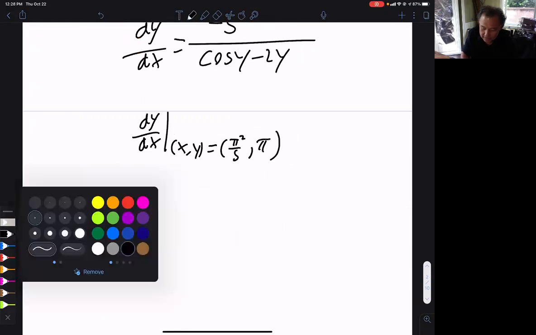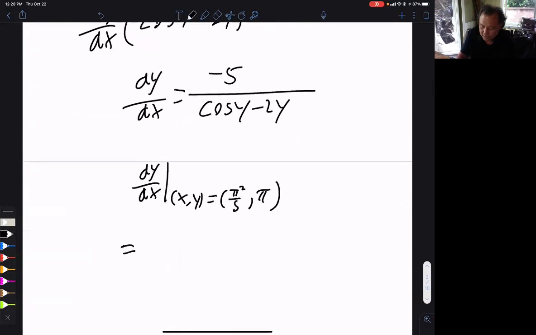So I'm going to plug that in here. So what's nice is all they want is pi. They don't want x. There's no x there. So it makes life easier.